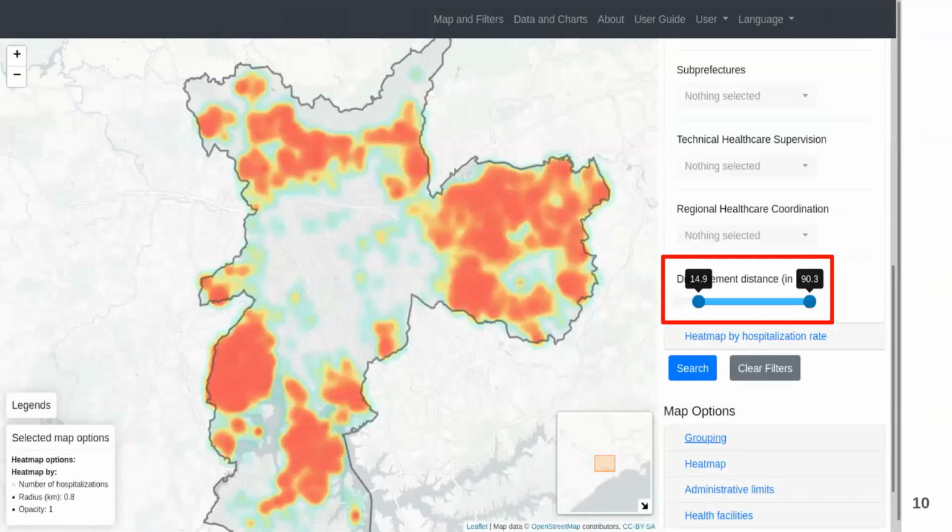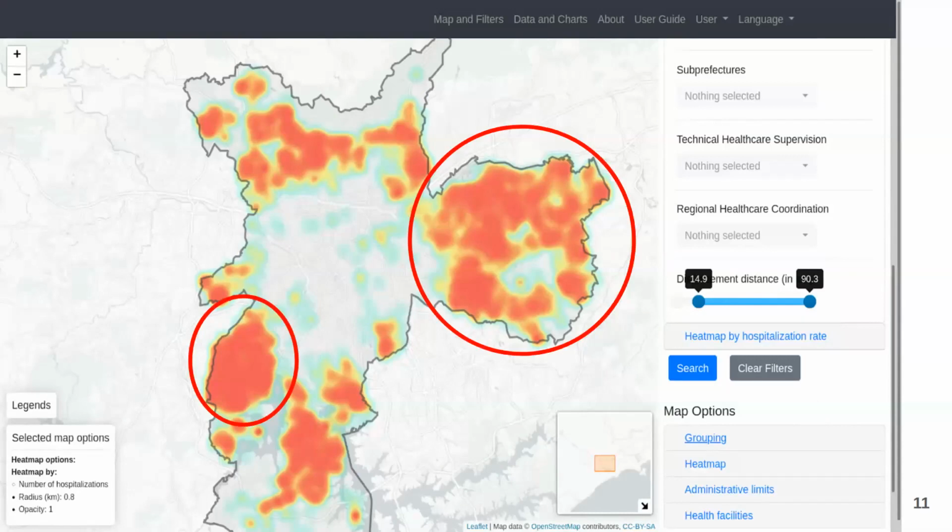So we're composing now with procedures where the person had to travel over 15 kilometers to reach the health facility. And 15 kilometers may not seem a lot, but considering this is a high density city, where people can take more than an hour to reach the destination in such distances, this is very relevant.